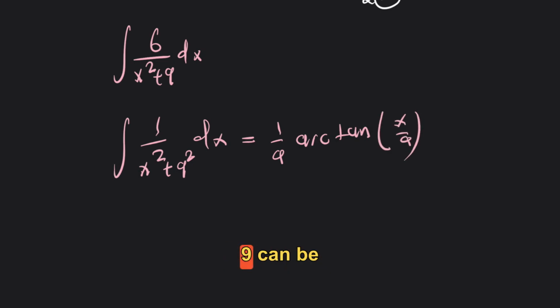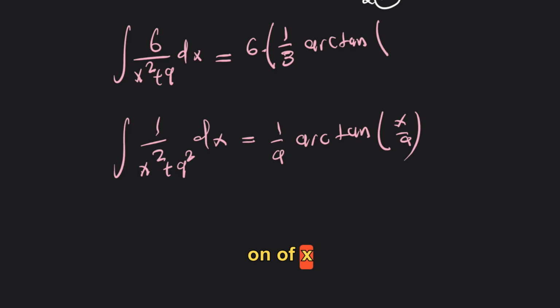In this case, 9 can be written as 3 squared, so our a here is 3. But we have 6 outside, so I just multiply this by 1 over 3, then 1 over 3 arctan of x over 3.